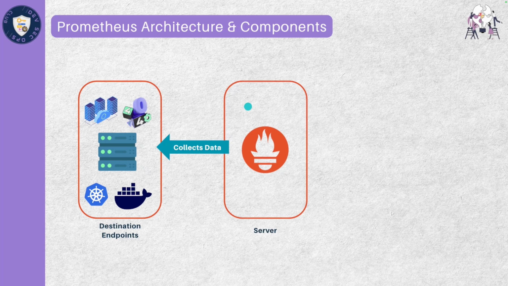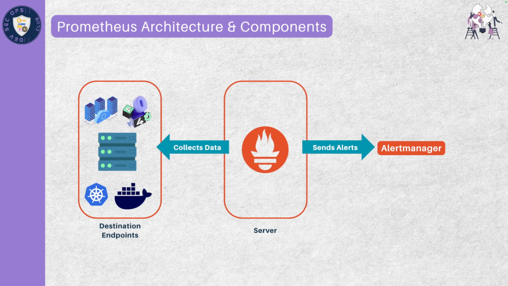So we have the first component, the Prometheus server itself, which is responsible for collecting data from the endpoints. Now, I'm not going to say Kubernetes each time; whenever I say endpoints or destination, simply understand what we are referring to. It is responsible for collecting monitoring data, and if a predefined condition is matched, it sends an alert via Alert Manager, which is another component in the architecture.